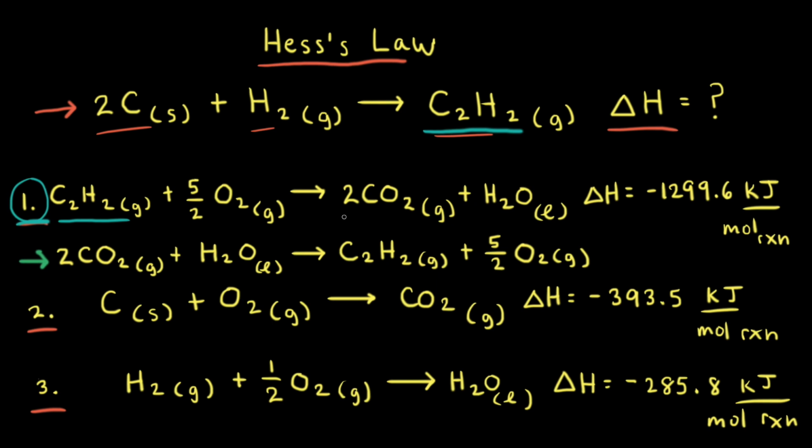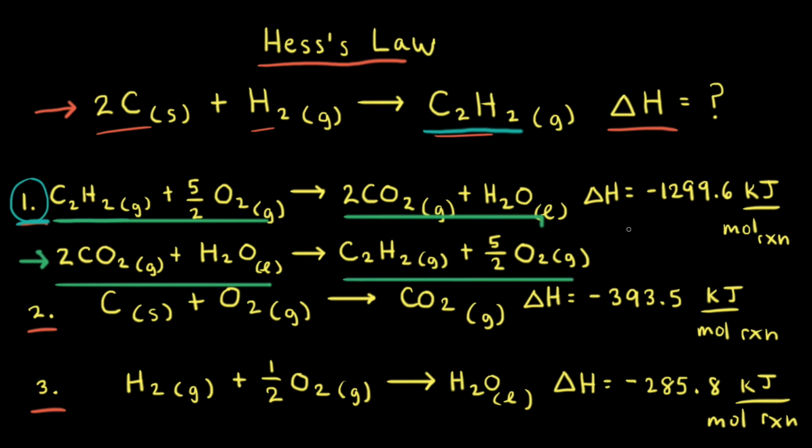Looking at the original equation for equation 1, here were the products, and now we've made those products the reactants, and what were the reactants for equation 1 have now become the products. The change in enthalpy for equation 1 is negative 1,299.6 kilojoules per mole of reaction.